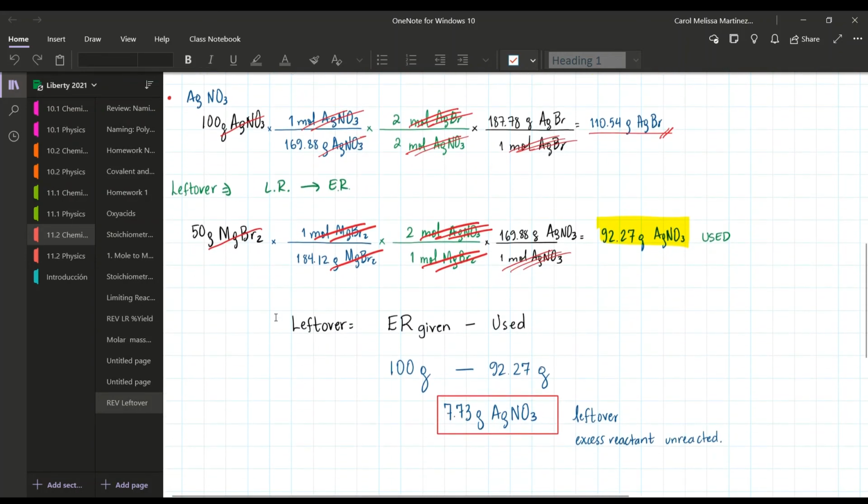So the leftover is the unreactive part. What we do is a subtraction: 100 minus 92.27, and it gave us less than 8 grams. So the leftover, also known as excess reactant that remains unreacted, is 7.73 grams.